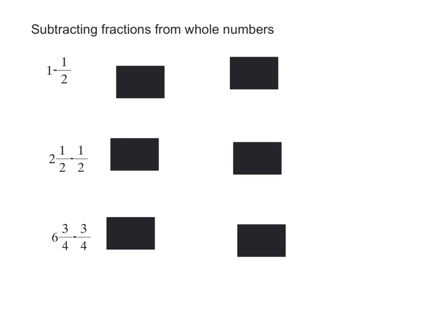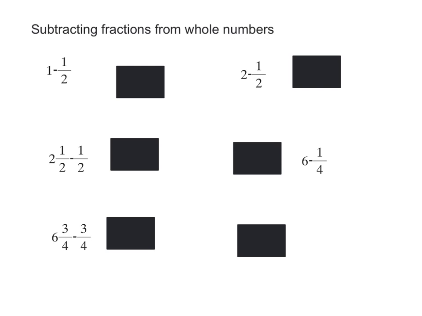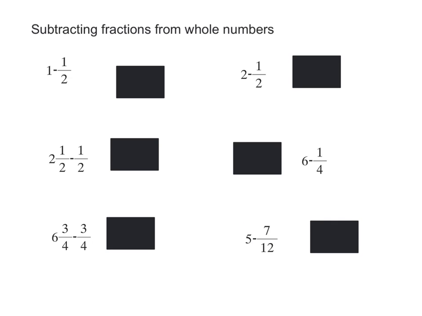If I have 6 3/4 and I take away 3/4, how much is left? 6. If I have 2 and I take away 1/2, how much is left? 1 and 1/2. Very good. If I have 6 and I take away 1/4, how much is left? 5 and 3/4. Good. And if I have 5 and I take away 7/12, how much is left? 4 and 5/12. Very good.